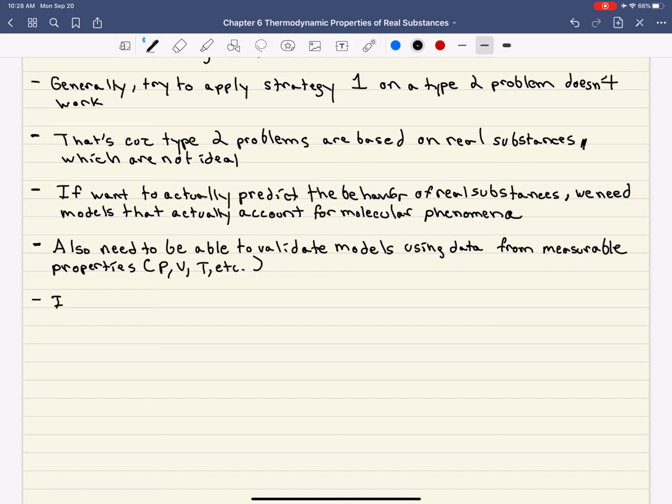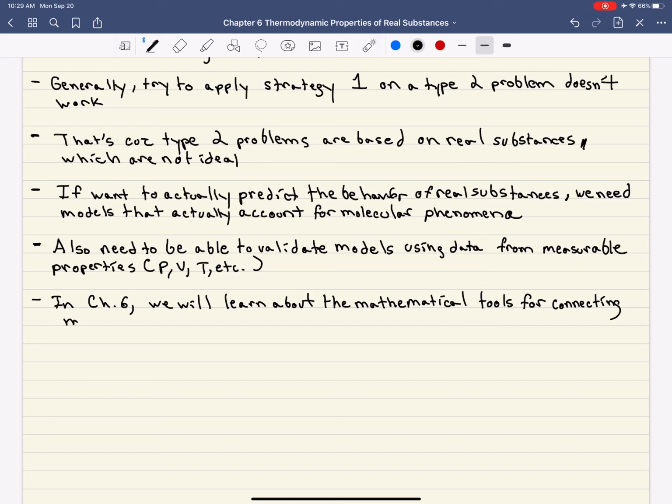And so here in Chapter 6, we will learn about the mathematical tools for connecting molecular models to measurable properties.